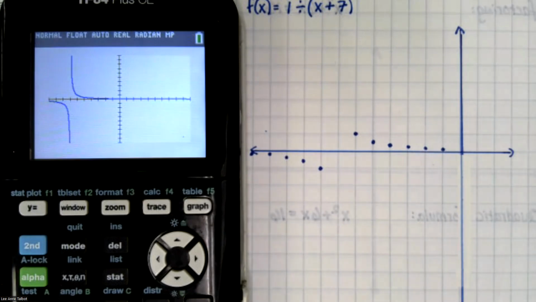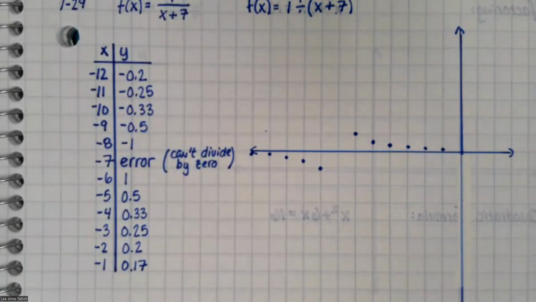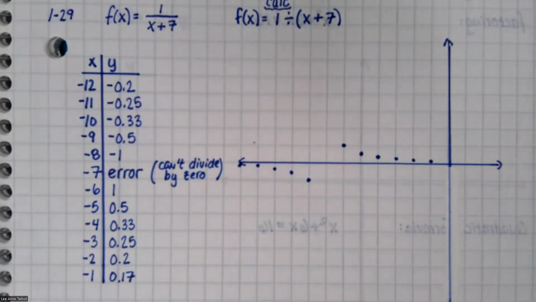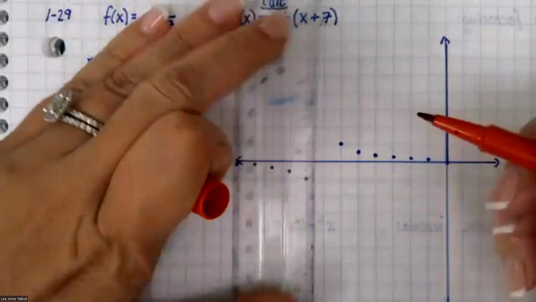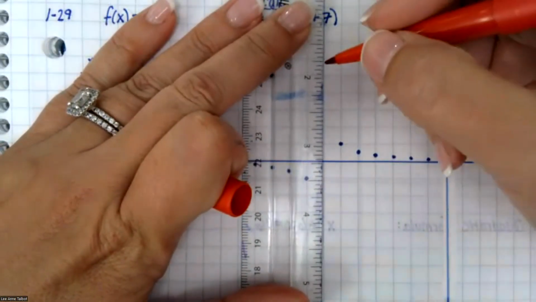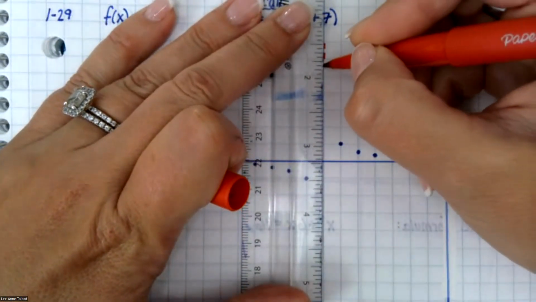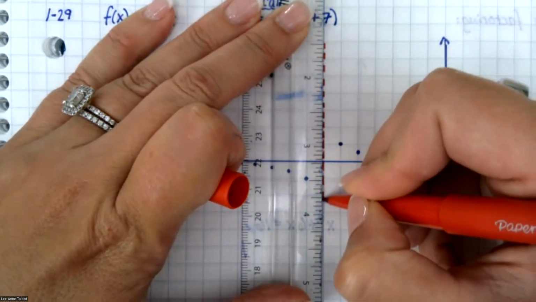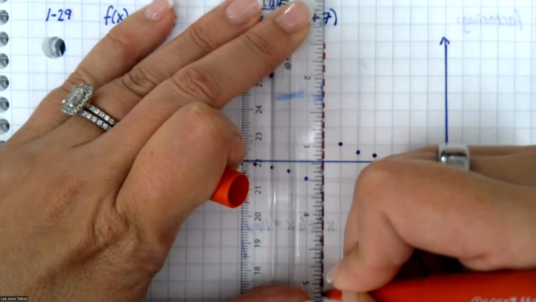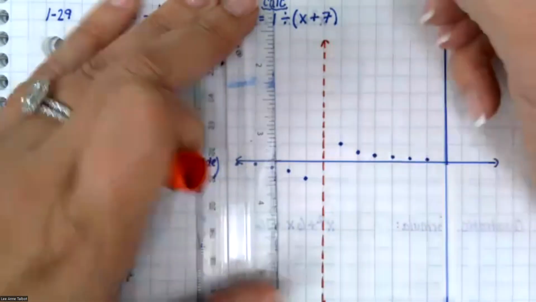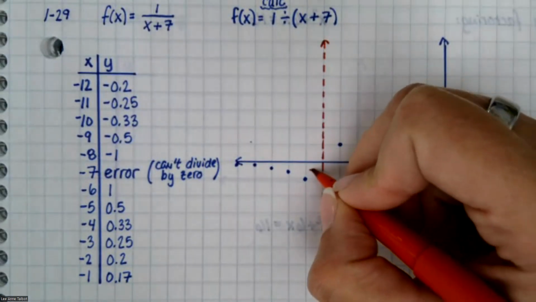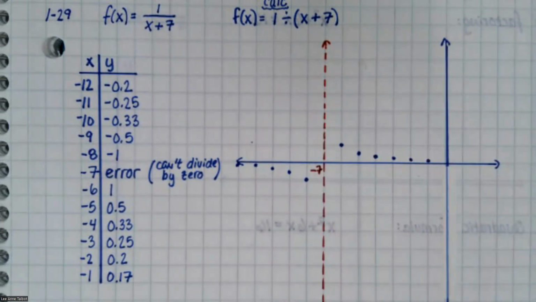However, before we sketch it in, it's really best to draw the asymptotes first. So the first place we're going to draw an asymptote is where I had this error at -7. So I'm going to come along here, just like Gandalf had, and make a dashed line at -7.